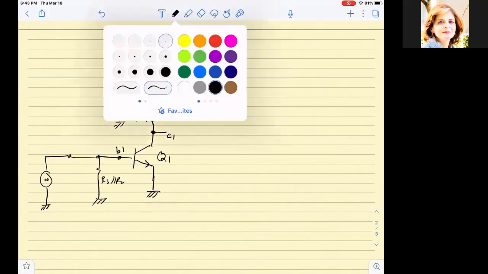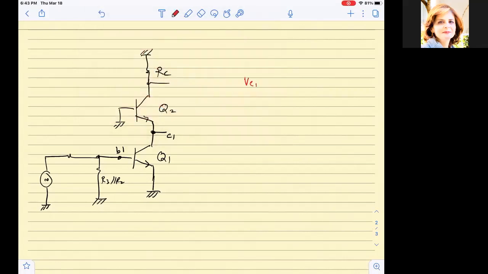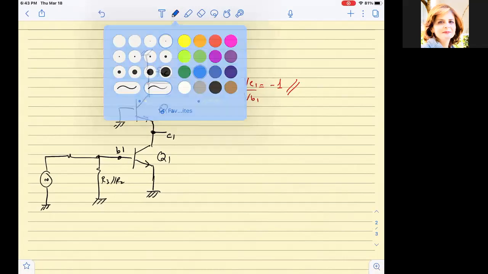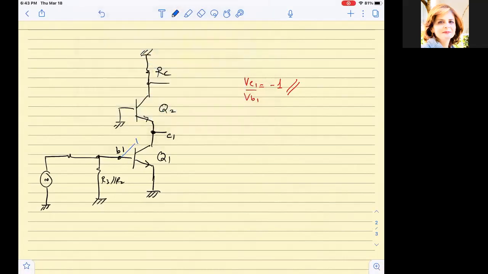And he said that we have VC1 over VB1 equals minus 1. And he's saying, look at CMU1, apply Miller to it. Where does CMU1 sit? CMU1 sits here, between the base and collector of Q1. So what happens when I apply Miller to it?